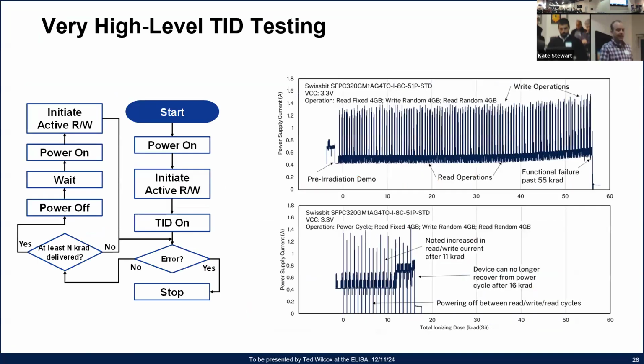We can do the same thing for TID. There's a little bit of a nuanced test here, and this gets into where I mentioned it is very complex, and there are a lot of lurking threats to doing this type of system level test. So the top chart there is power supply current of a solid state drive doing its reading and writing while we irradiate it.